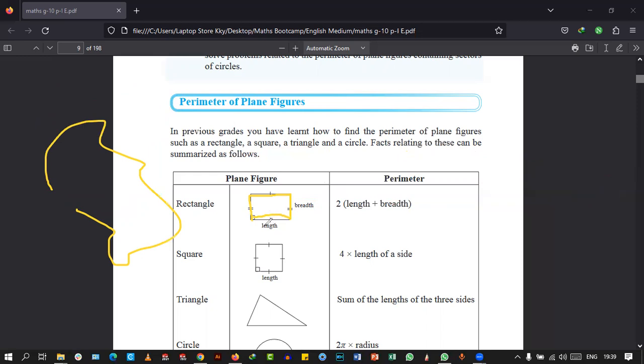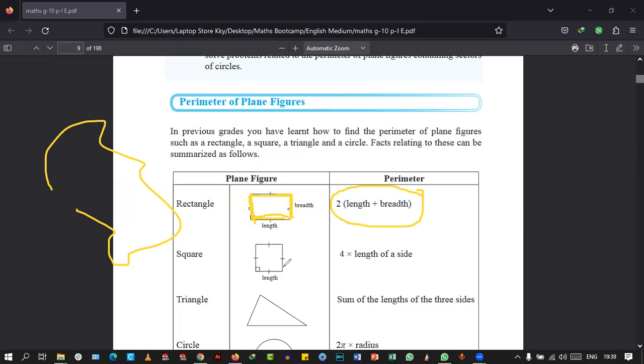Now, if we are going to find the perimeter of that rectangle, it's very simple. We add this length plus this length plus this length plus this length. Altogether, we add all the lengths and breadths of that rectangle. So it will be 2 times length plus breadth. That is how it comes.